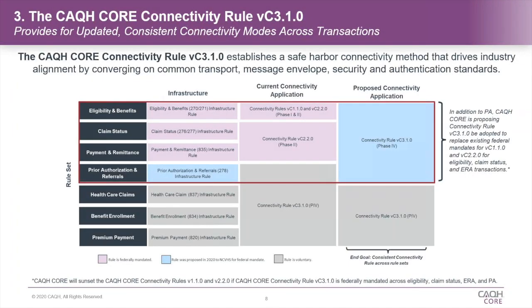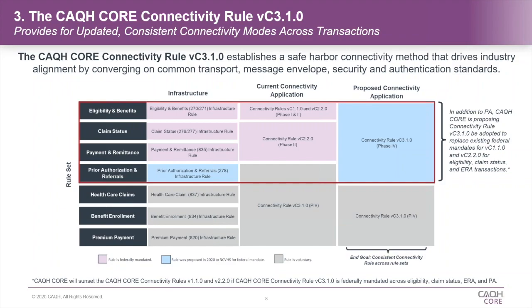Great, thank you, Erin. And as Erin mentioned, one of the key requirements and proposals that the core board made to the NCVHS is to adopt the latest version of the core connectivity. This is version C3.1.0. Again, this version establishes a safe harbor connectivity method that drives industry alignment, converging on common transport, message envelope, security, and authentication standards.